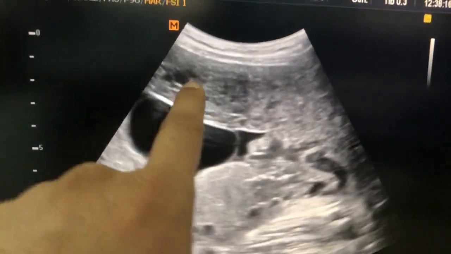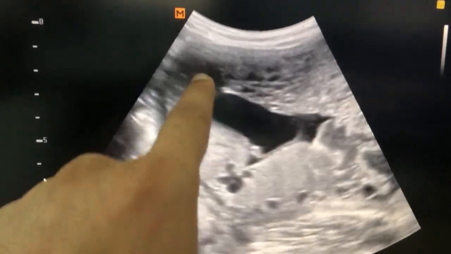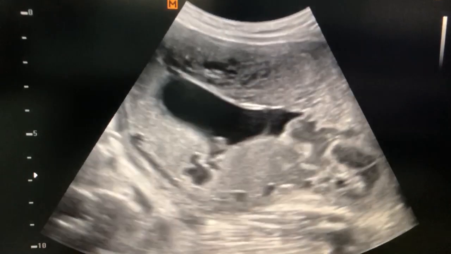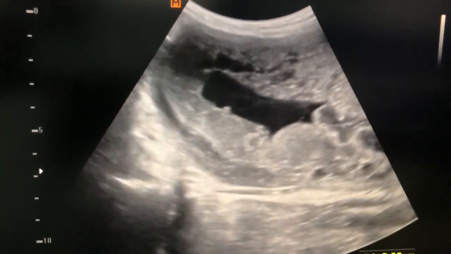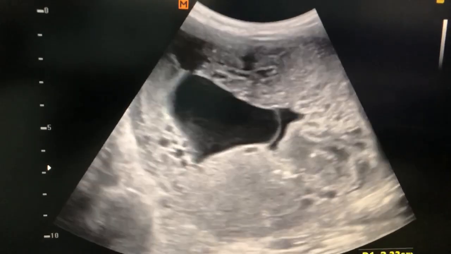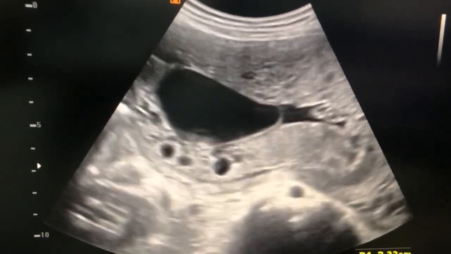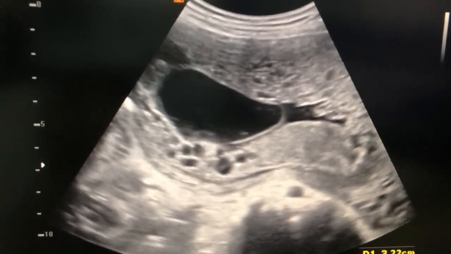Here also, if we see in the anterior part, there are multiple tiny cystic areas. This is not something we see routinely.